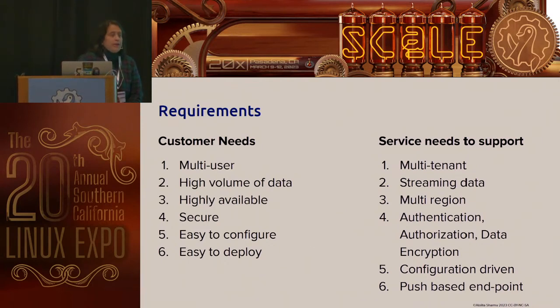For security, again, put in a robust architecture for authentication, for authorization, and for data encryption, both at rest and in transit. For easy configuration, having a configuration-driven option to be able to deploy the collection to different clusters and at the pod level, and being able to send data to a push-based endpoint.